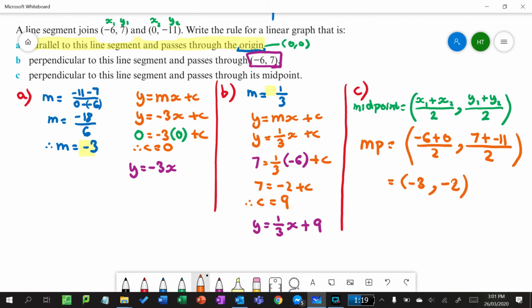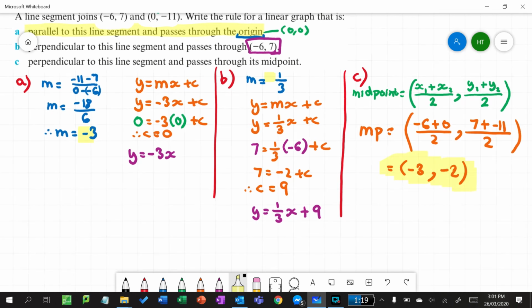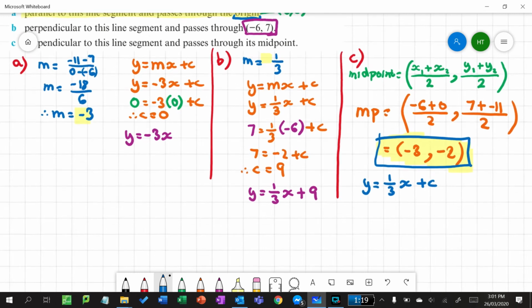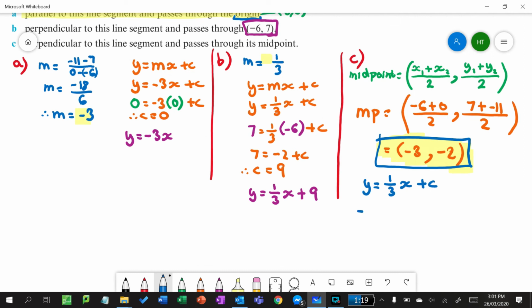Now we want to find the line that is perpendicular to our original line and passes through this point. So we know that from part B, the perpendicular gradient was 1 over 3. So that is y equals 1 over 3 x plus c. And to find c, we'll just sub in this point here, which is the midpoint. Negative 2 for the y. Actually, I change colour.